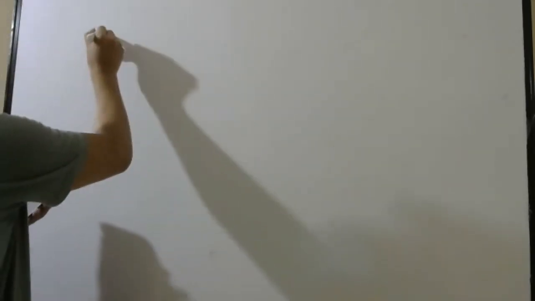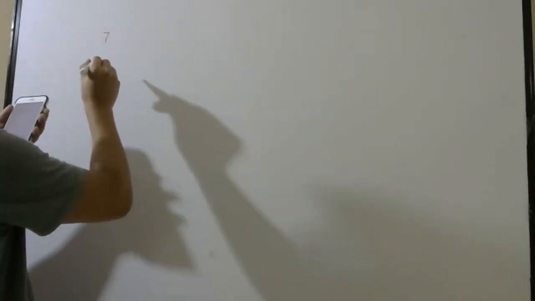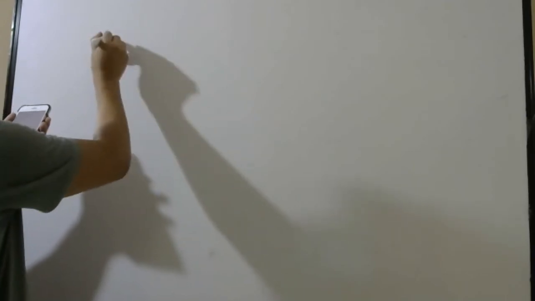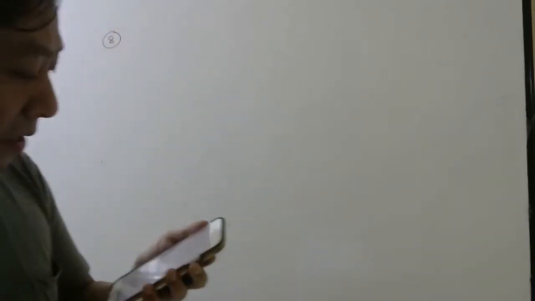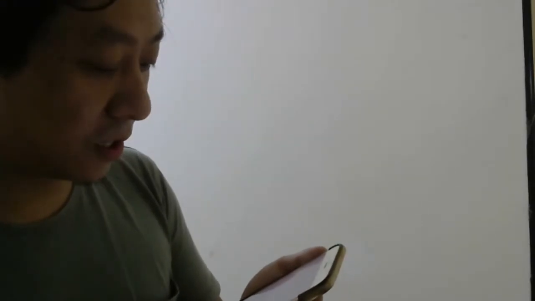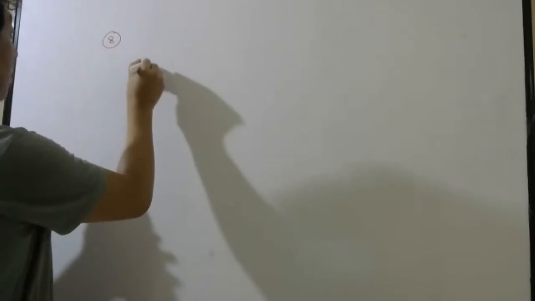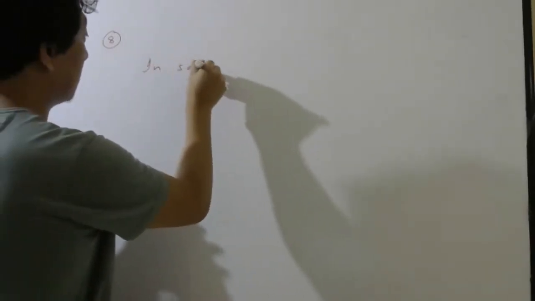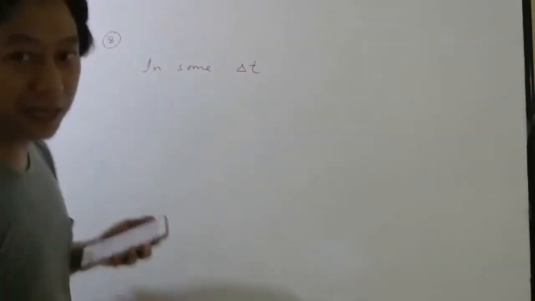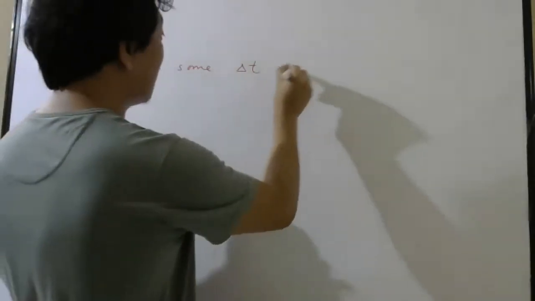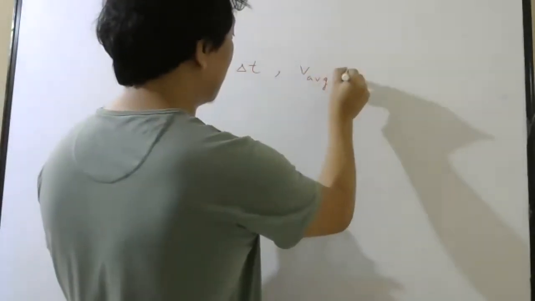Okay, now let us see question number 8. So what they are saying, the average velocity of a particle is 0 in a time interval. So in some interval, delta t, let us say, they are saying average velocity is 0.